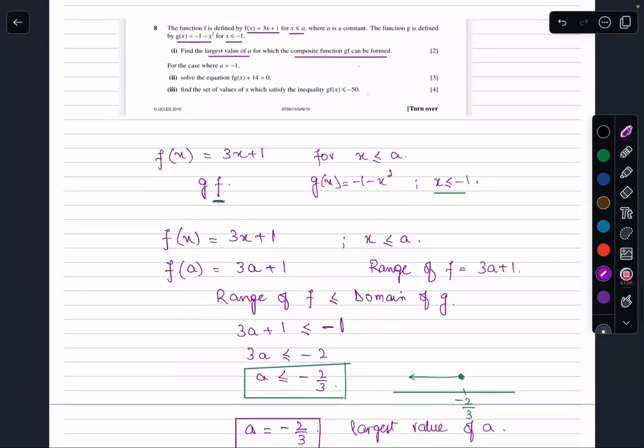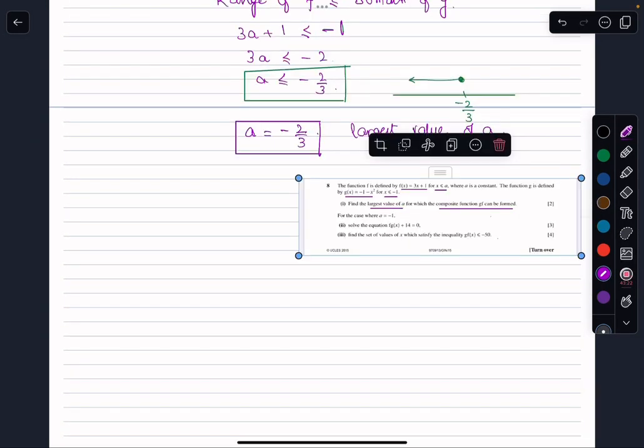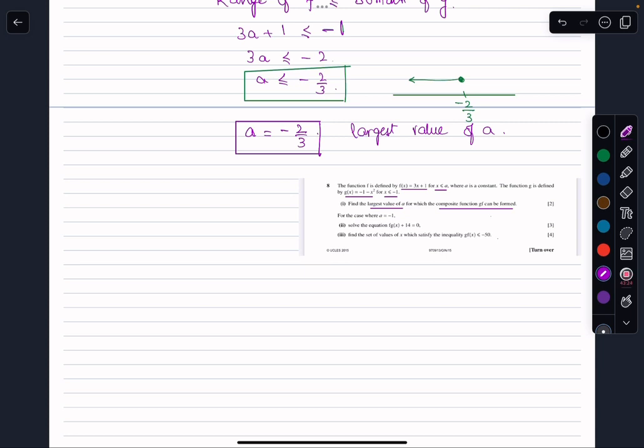Now let's do the second part. The second part says, for the case where a is negative 1, now they have given us a as negative 1, solve the equation f of g of x plus 14 equals 0.